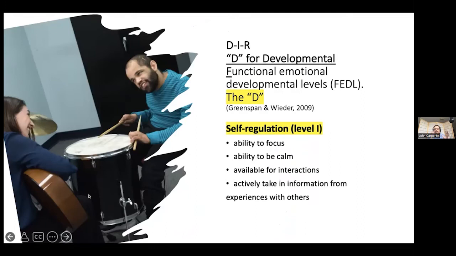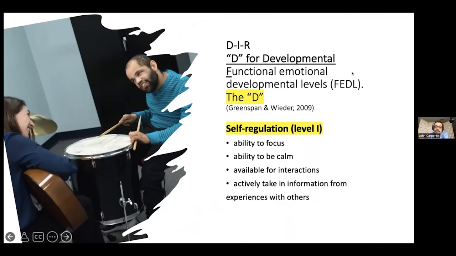So now I want to break out those six areas of functional emotional developmental levels that we talked about earlier that fall under the D. So we break these out here, and we'll see level 1 is self-regulation.